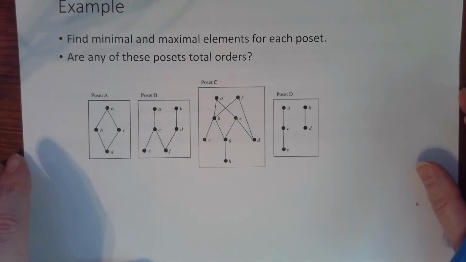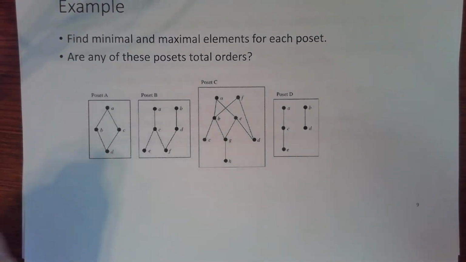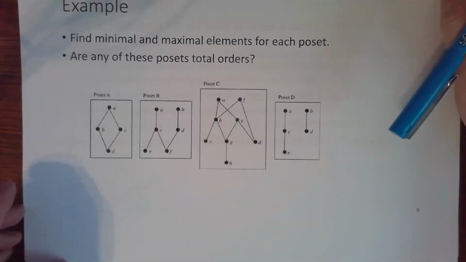So let's look at some examples. Let's look at these various partially ordered sets and see, first of all, if we can find the minimal and maximal elements in each of them, and then determine if any of them are total orders.